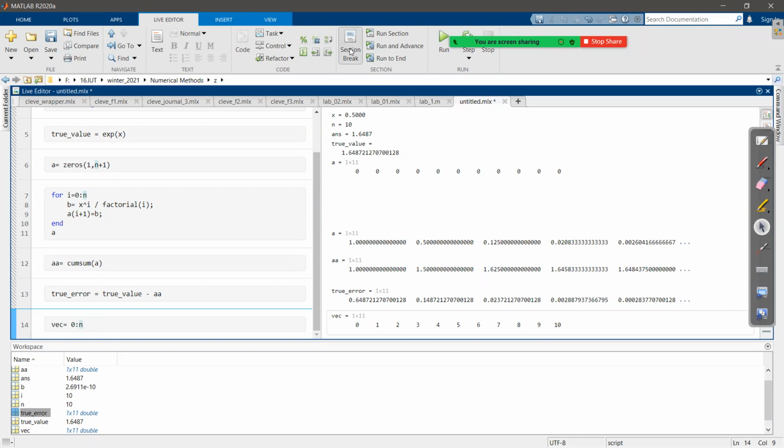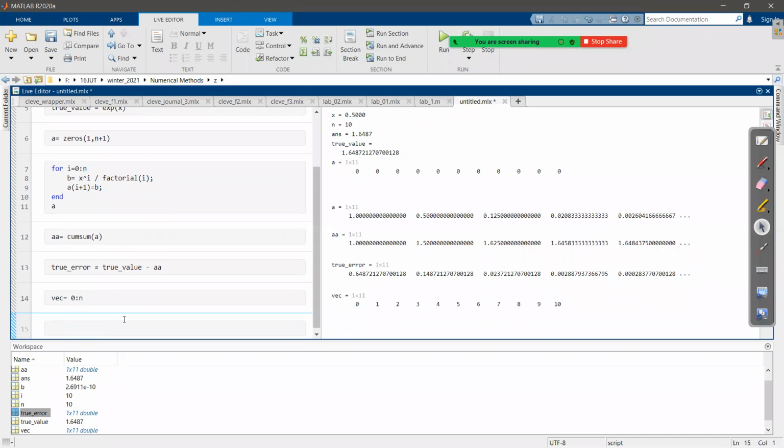Then the first term, the numerator term, is equal to, what is my numerator? x to the power. When I'm using a vector instead of a single element, I have to use a dot sign: x dot to the power of this vector. If I do that, see what happens.